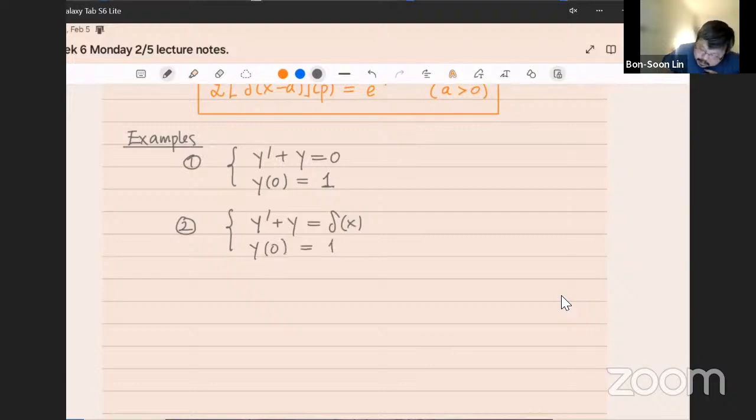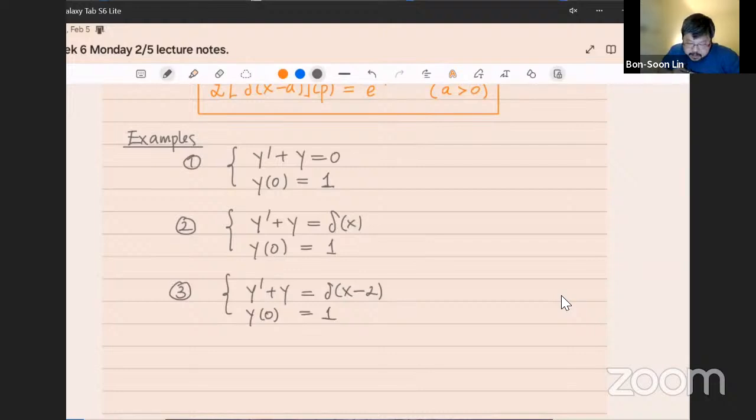So same initial condition, but the non-homogeneous part is now delta of x. Kind of interesting. And a third problem that I want to consider is y prime plus y equal to delta of x minus, let's say x minus 2, and y of 0 is equal to 1.